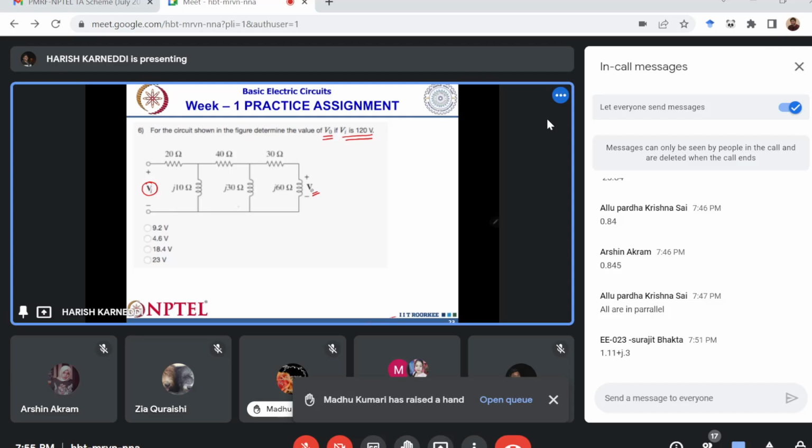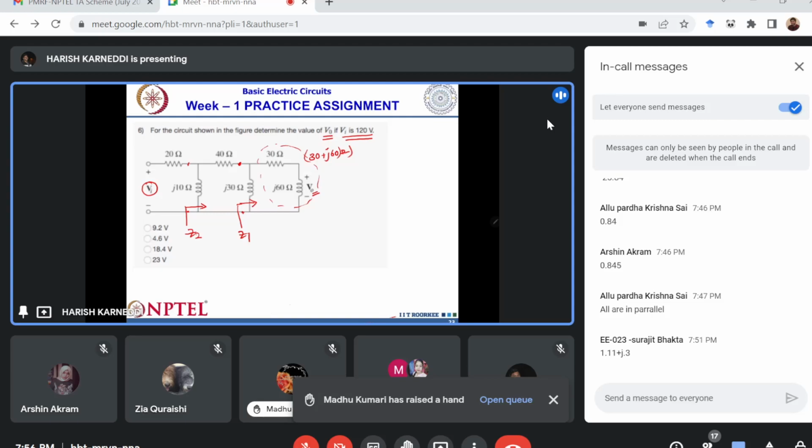First, consider this impedance as Z1 and this impedance as Z2. I mean, the impedance seen across these terminals is Z2. The impedance seen across these terminals is Z1. These two are connected in series, right? This one and this one. What is the equivalent impedance? That is 30 plus j60 ohm. Why? Because these two are connected in series.